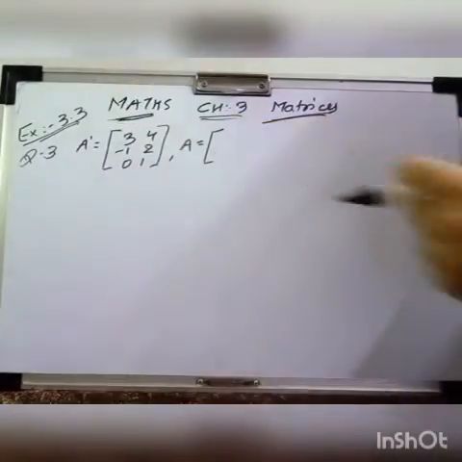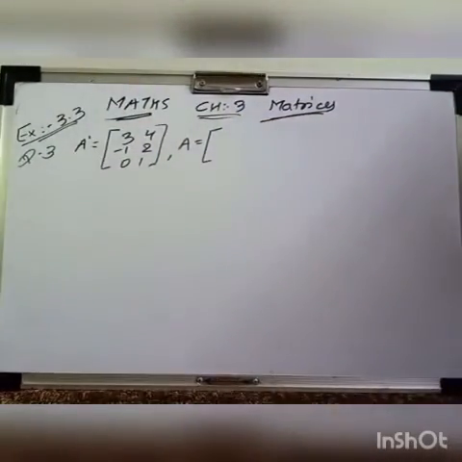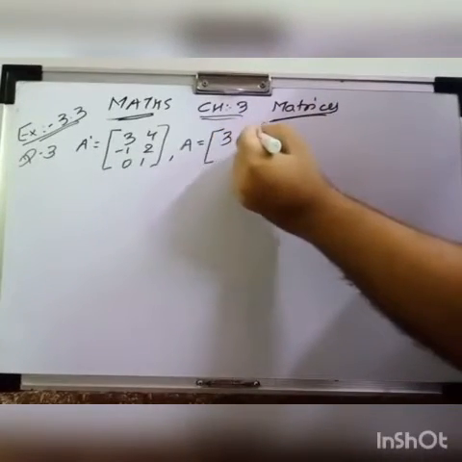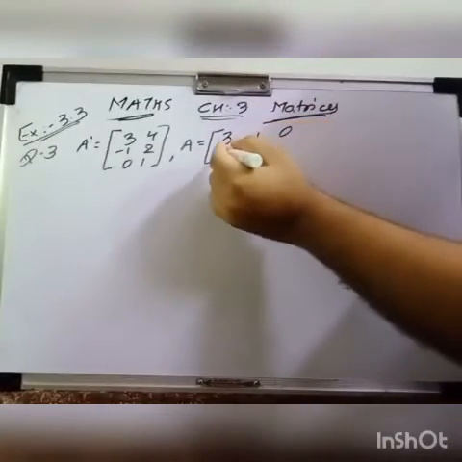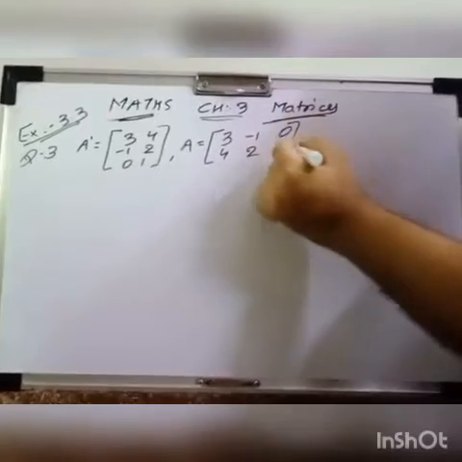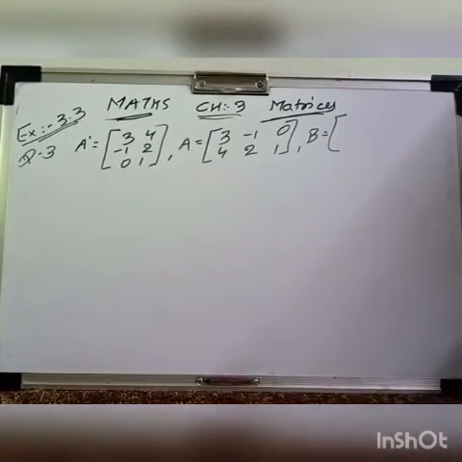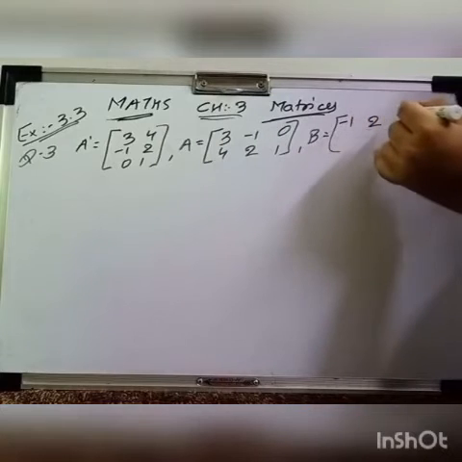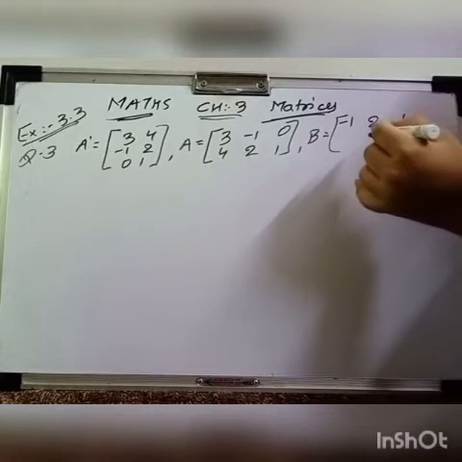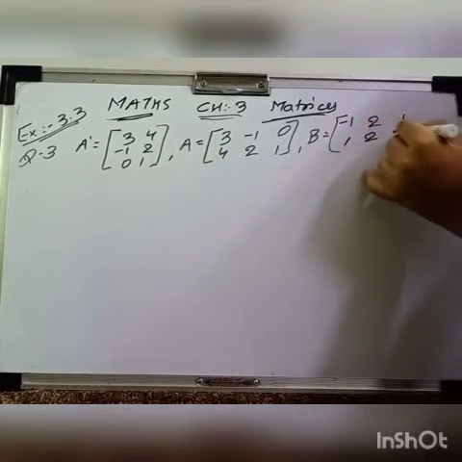So if I take the transpose of this, then I will have my matrix A. So my matrix A is 3, -1, 0, 4, 2, 1, whereas the B matrix given is -1, 2, 1, 1, 2, 3.